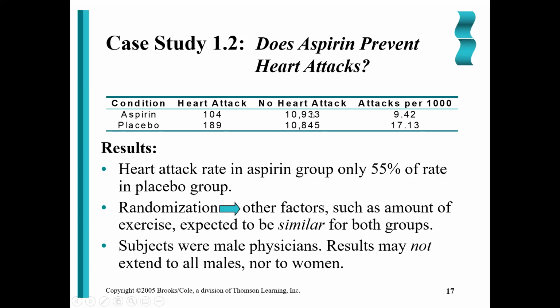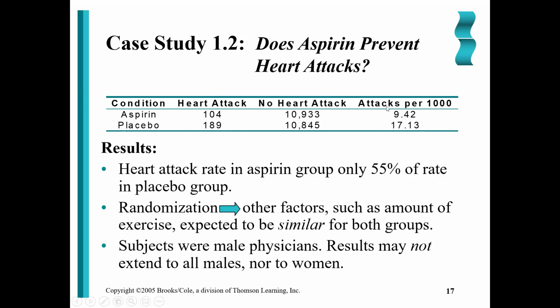You figure out how many total people were in the study, and then you determine who actually took aspirin. How many people took aspirin? It's 104 plus the 10,933. And so that total, you divide 104 by the total, and you get 9.42 per 1,000 people. You do the same thing with the placebo.